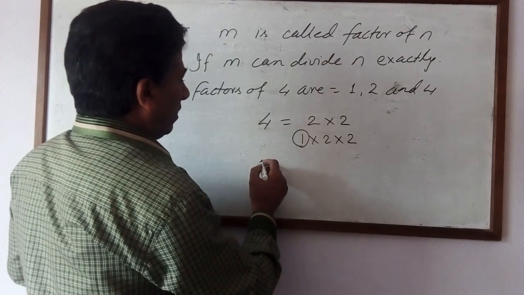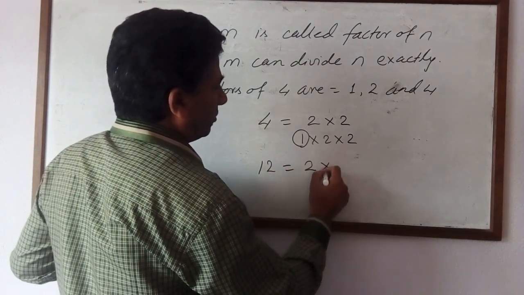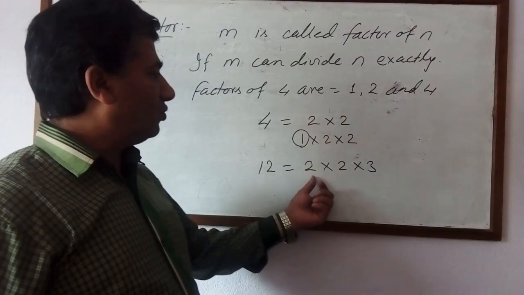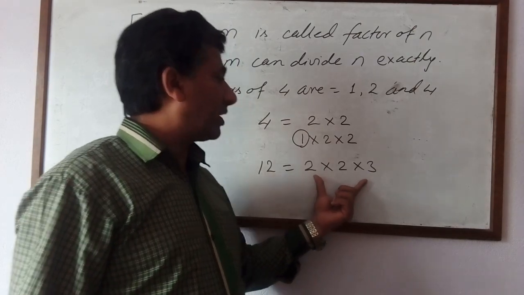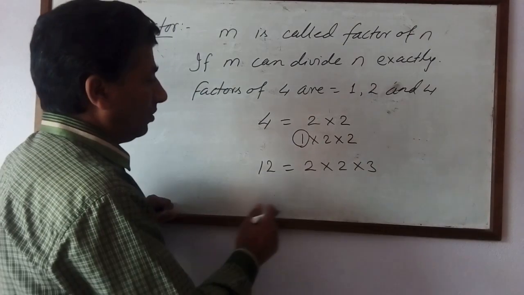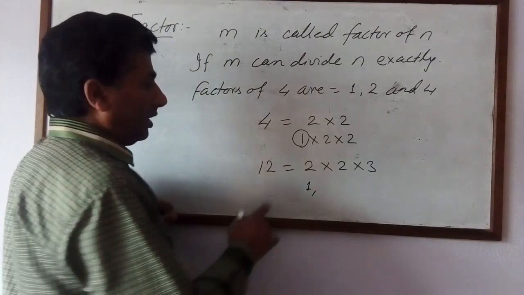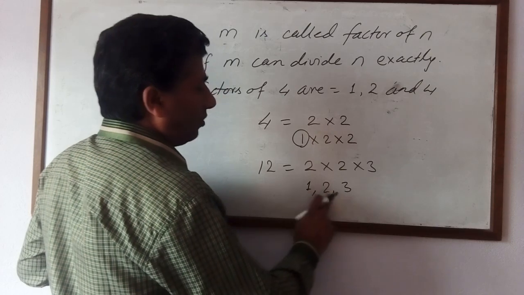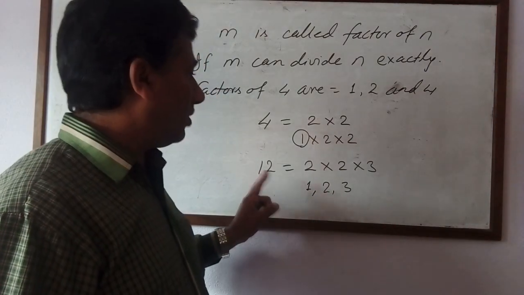Similarly, 12 is 2 times 2 times 3. These 2, 2, 3 are the prime factors. From these prime factors we can find all the factors of 12. One factor is 1, another is 2, another is 3, because 1, 2, 3 can all divide 12.